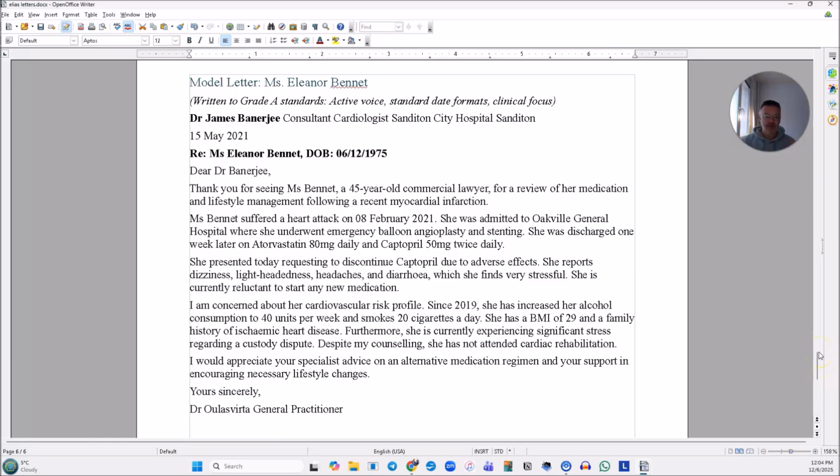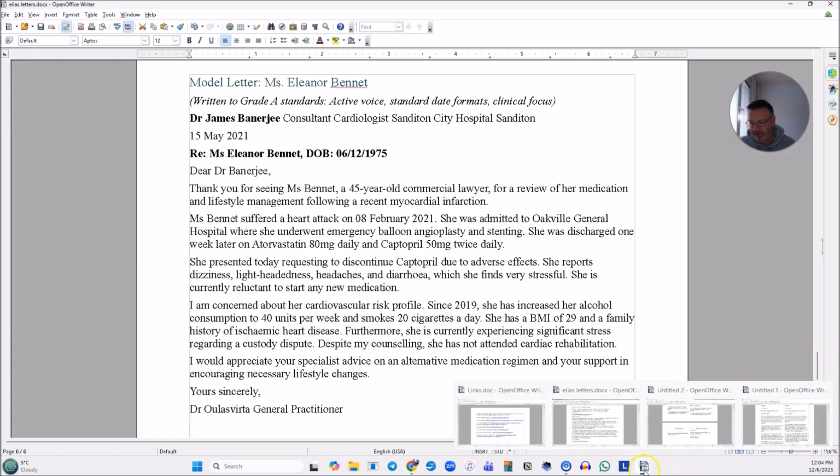Okay, so you've got the original, the Gemini version, you've got my version. I'll sort all this out. I'll put the three versions for letters 1 and 2 on my learning management system, and I'll put a download link there so you can download those. You can do a side-by-side comparison. Okay, so that's letter 2.